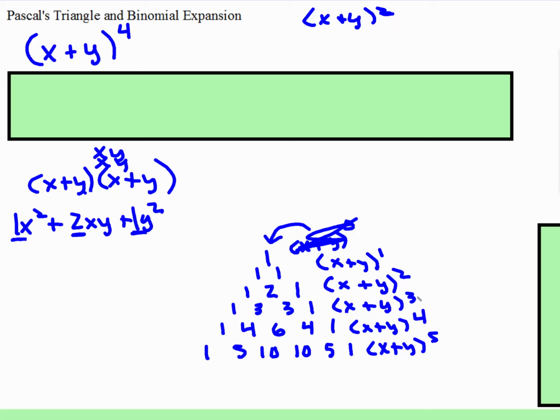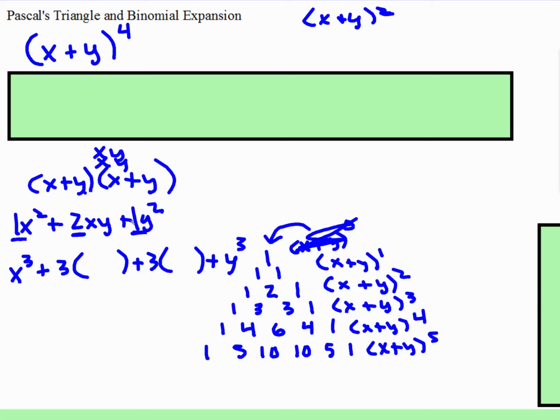And if it would have been a cube, then it would have been x cubed plus 3 and some stuff plus 3 and some stuff plus y cubed. So let's think about what the stuff is. So if this is x cubed, here's x squared, this is x to the 1st.